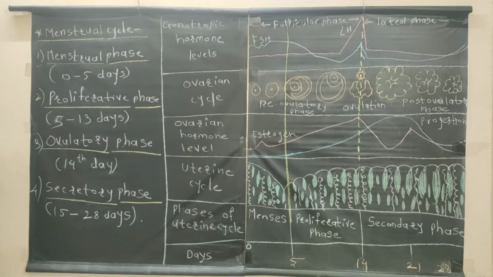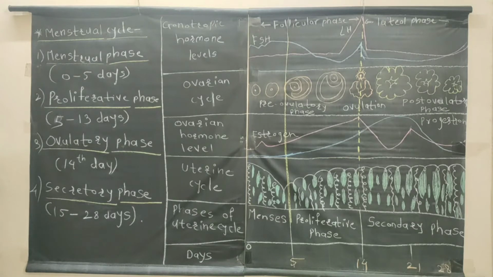So today we will see the menstrual cycle. The menstrual cycle involves cyclic changes in the ovary as well as in the uterus, which is present in the female reproductive tract.